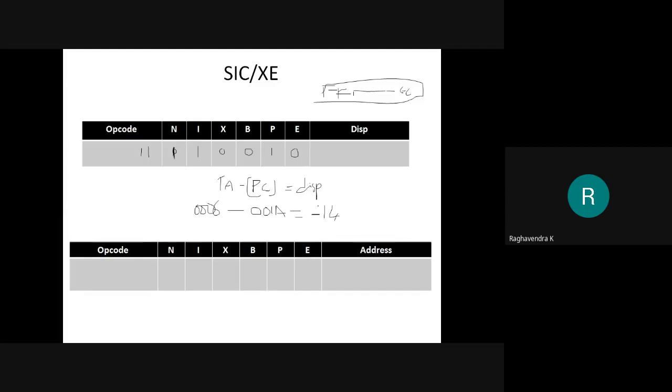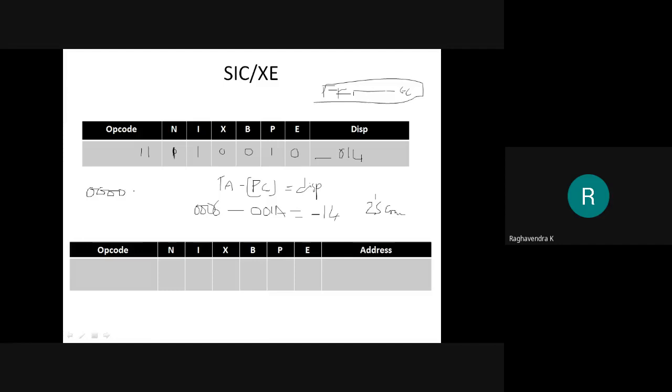So how do we represent minus 14? We know that everything is represented as 2's complement, so even the negative number has to be represented using 2's complement. So what is 14? It is 0, 1, 4, but it is negative, minus 0, 1, 4. Let us try to represent that in 2's complement.